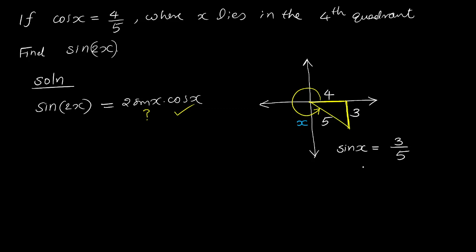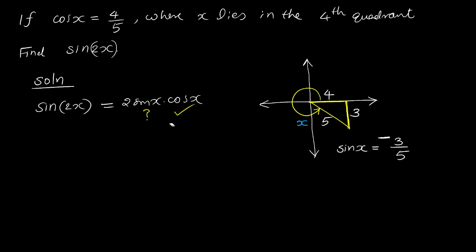Fourth quadrant, only cos is positive. Sin will be negative. So remember, if one trigonometric ratio is available, draw a right angle triangle, then find the other trigonometric ratio. Don't forget to put the sign.